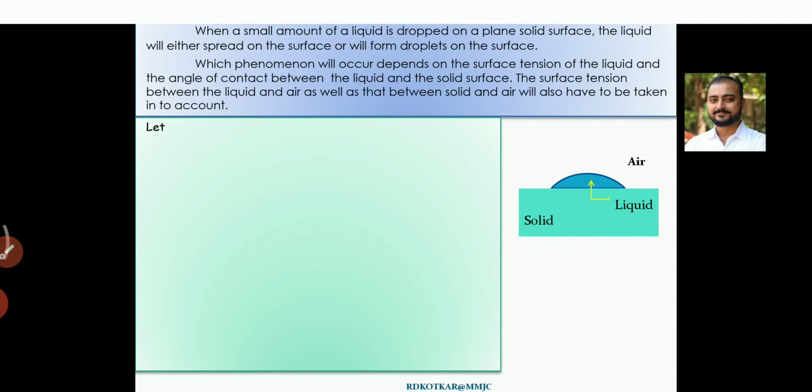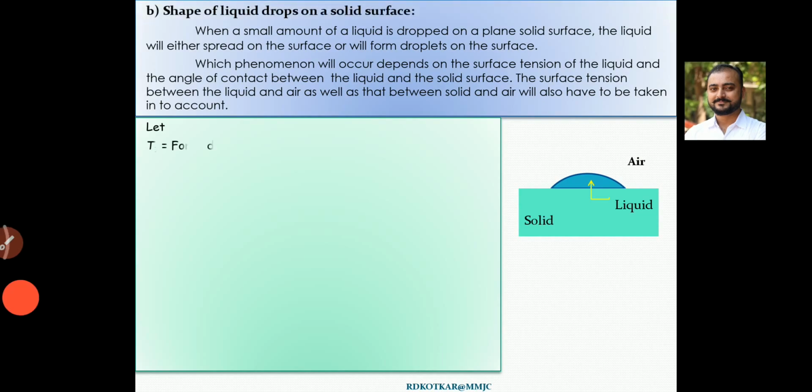Now the medium around it should be air, which means all three mediums exist in this case: solid, liquid as well as air. Then we consider T1 to be the force due to the surface tension at the liquid-solid interface. You observe the diagram carefully, in which solid and liquid surfaces are kept in contact.